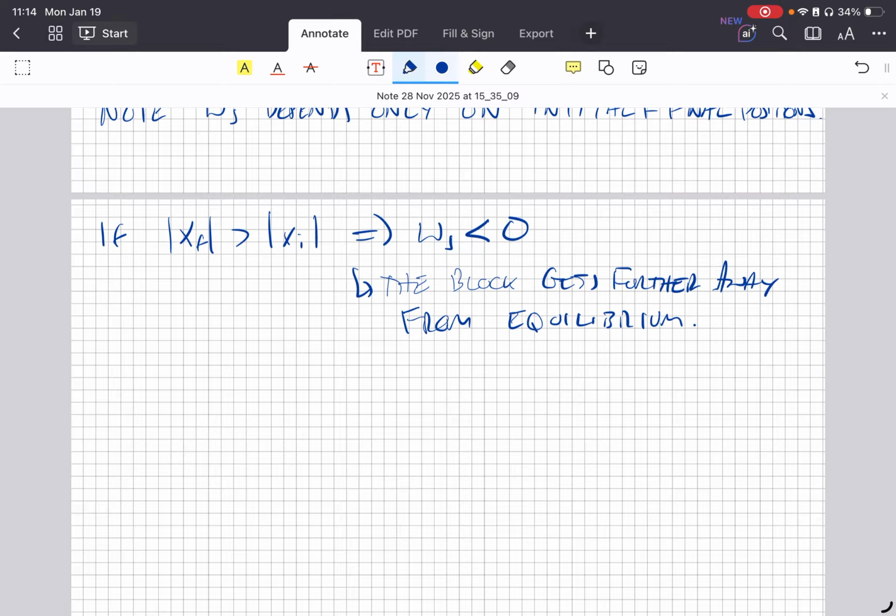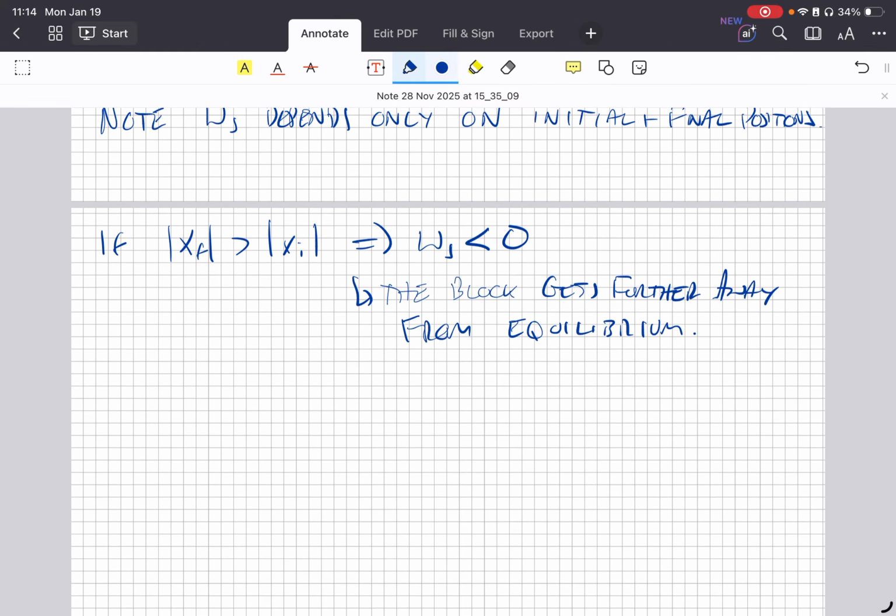And that means that we're taking kinetic energy out of the system, so we're reducing the velocity or reducing the energy. And that's the case here. If I move the particle further away from the center, the kinetic energy actually goes down because the spring is resisting it more and more. So work done is negative if I get further away.